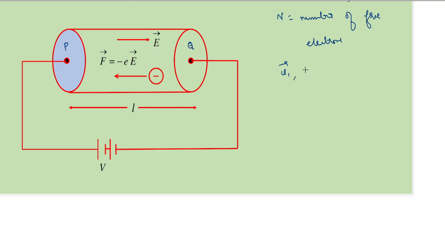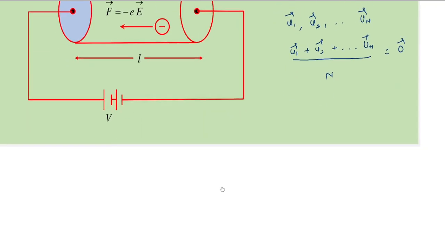Let us call them u1, u2, etc. Since the electrons move randomly, the average of all the electrons' initial velocities is equal to 0.